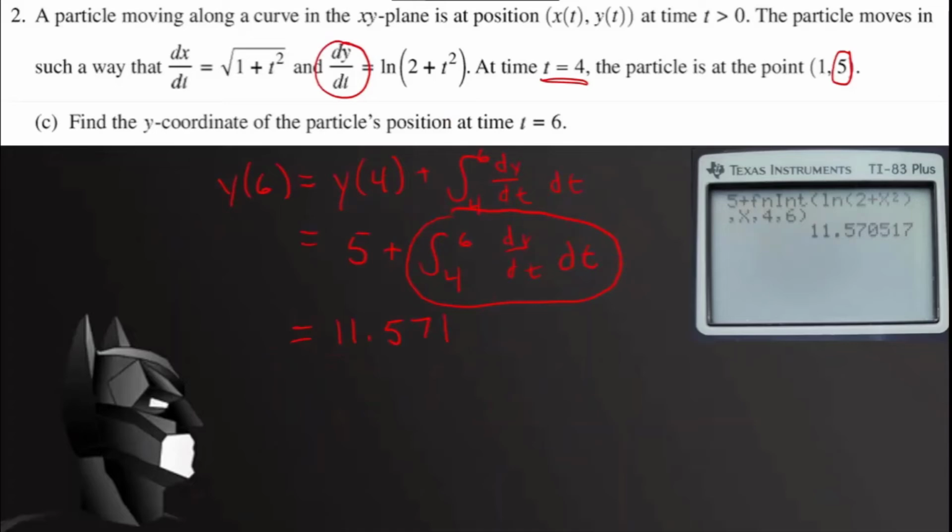Now, if we go to part C, this is also going to be 3 points of data input into the Bat computer. One of the points is going to be used for the initial value, which is the y of 4. The other point is going to be for the actual integral, which is right there. And the final point, obviously, the final answer, which we have calculated.